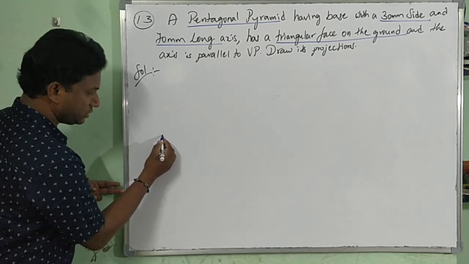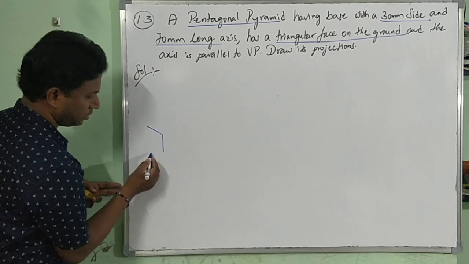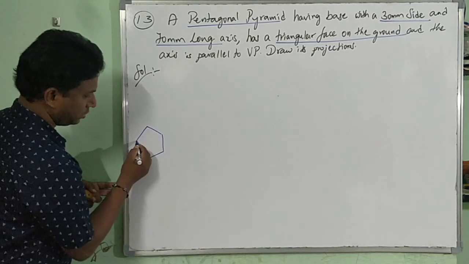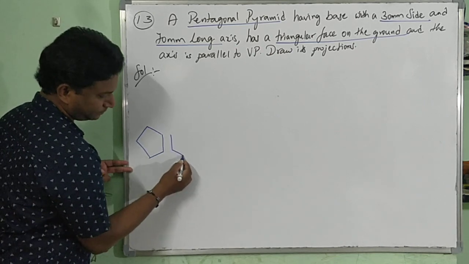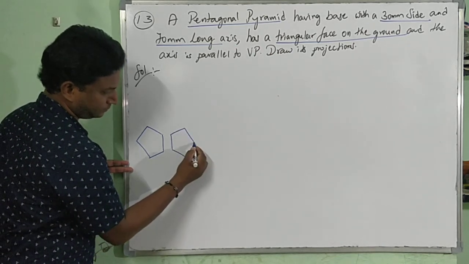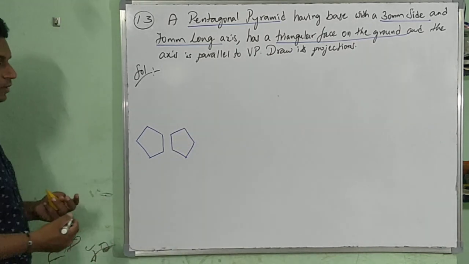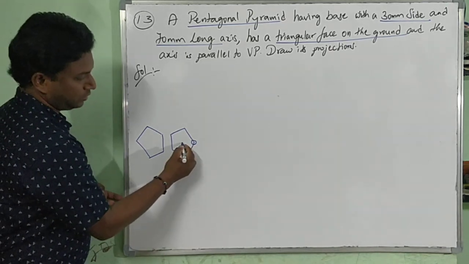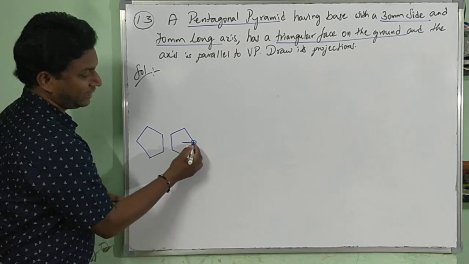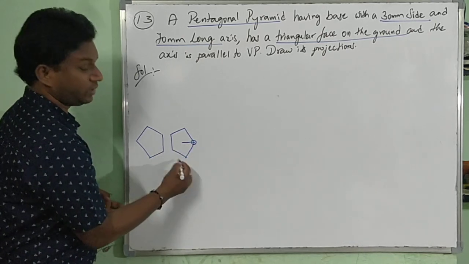There are 2 pentagons you can draw. This is one. Now with respect to the corner, the slant edge, this has to be drawn.